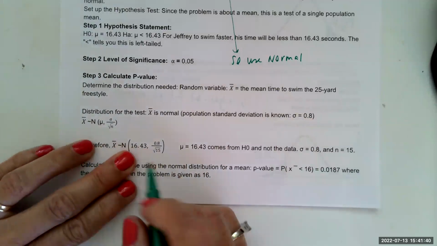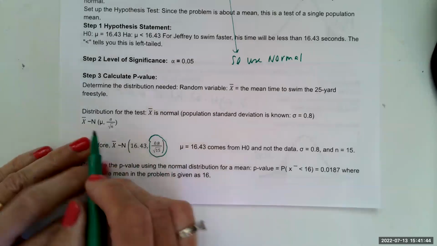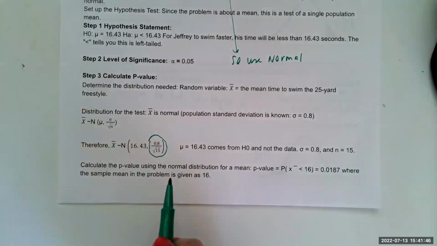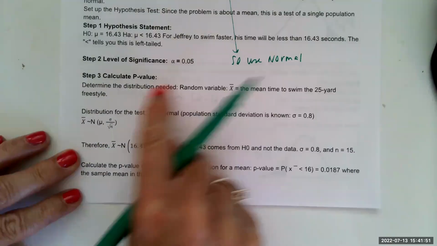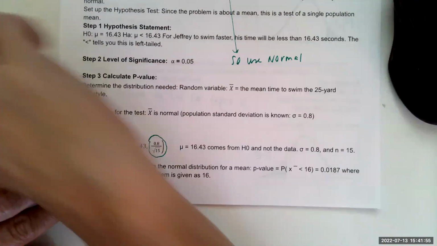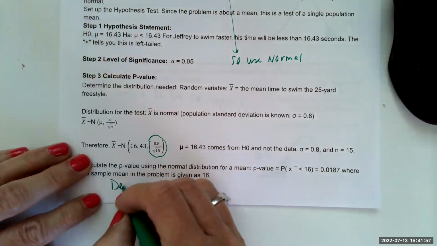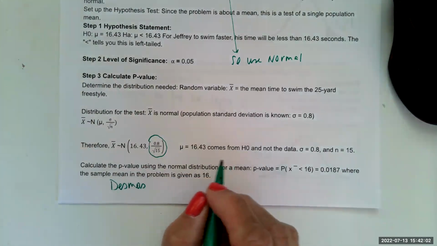So our established mean is 16.43. Here's our standard error, by taking the standard deviation and dividing by the square root of n. So to calculate the p-value, when we know the standard deviation, in Desmos, you're going to want to write this down, but I link it in the Desmos link for 9.5 as well.